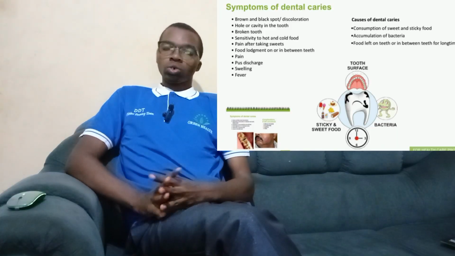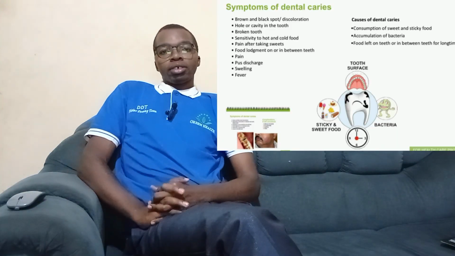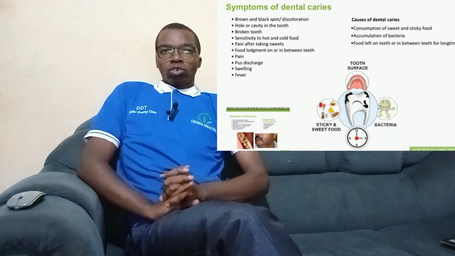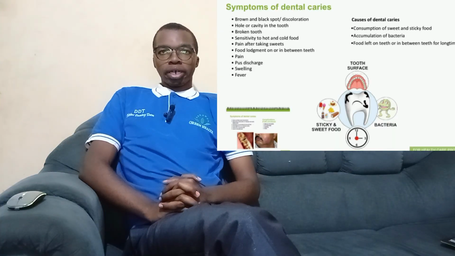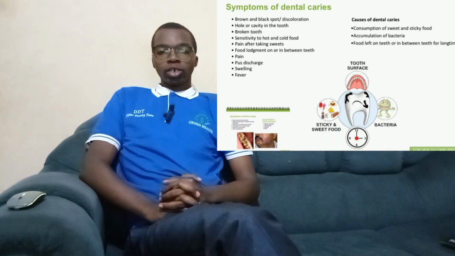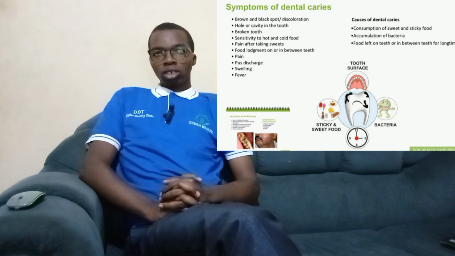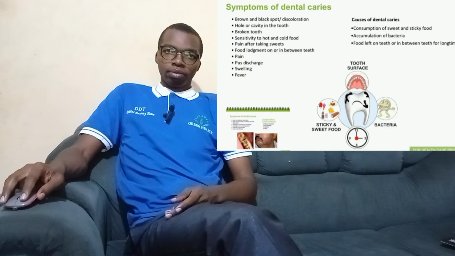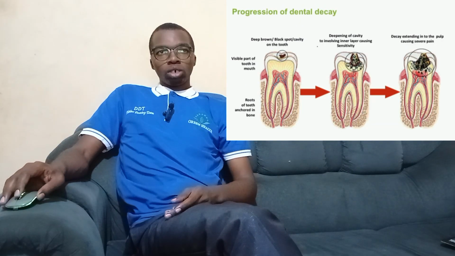And what are the causes of dental caries? We have consumption of sweet and sticky food, accumulation of bacteria, food left on teeth or in between teeth for long time. And we have also progression of dental decay.